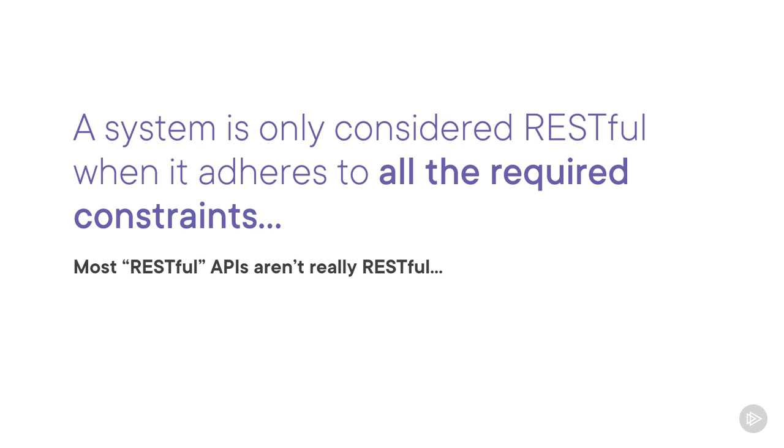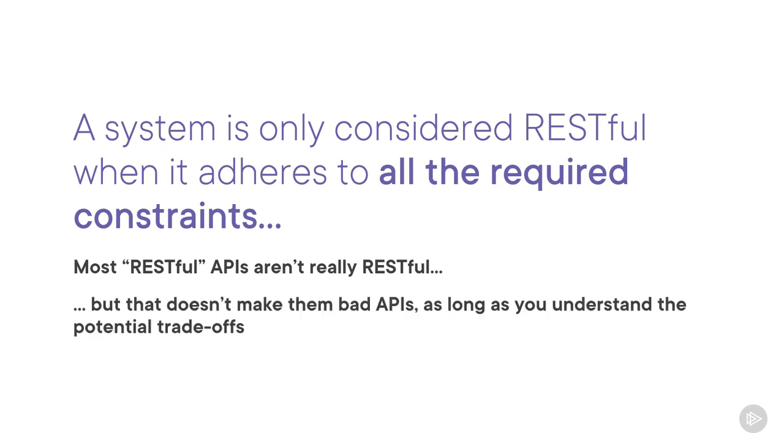But does that mean that they are all bad APIs? In my line of work, most APIs I see when working for clients don't adhere to all these constraints. HATEOAS is a pretty typical one to skip. Personally, I think that's a shame, but that does not mean that they're bad APIs.